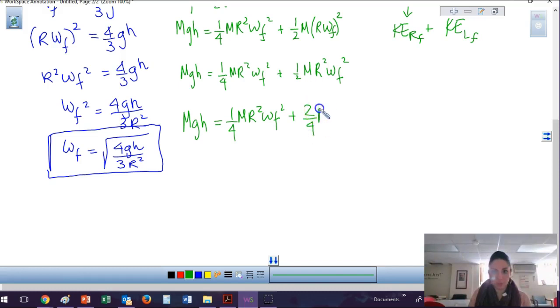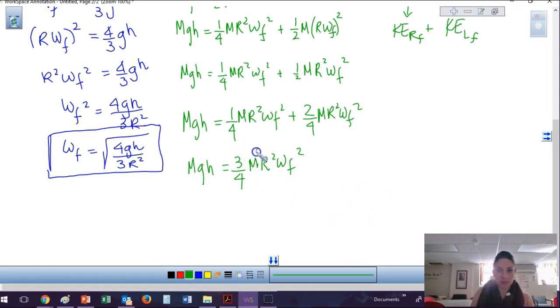I hope that's okay with you. And now, because we have a common denominator, we can add them together. So here we go. 1/4 plus 2/4 is 3/4 m R squared omega final squared.